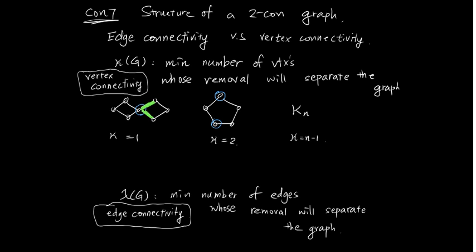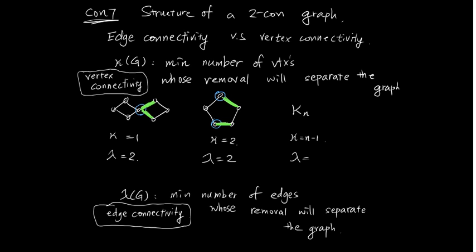Right, so lambda is equal to 2. And same for a cycle. You can have lambda equal to 2.